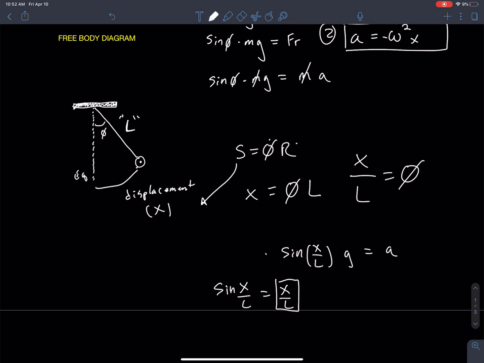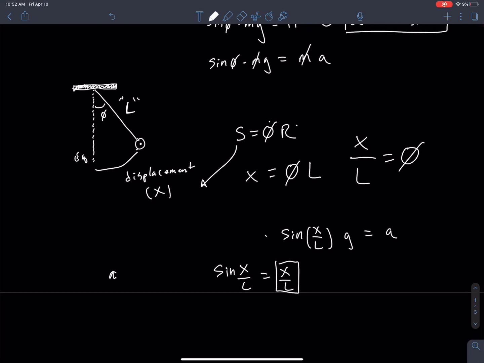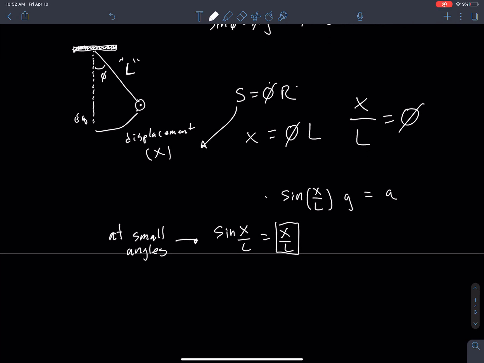That's why with pendula, if you limit it to very small angles, the relationship is going to work really well. It's going to fit that equation. So knowing that at small angles sine of x over L becomes x over L, I can say x over L times g is equal to my acceleration.